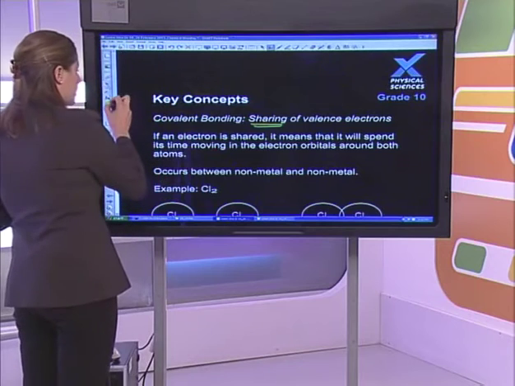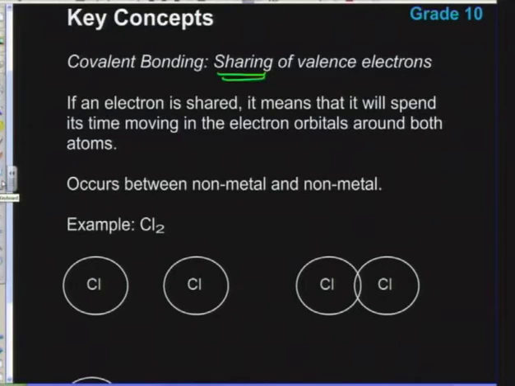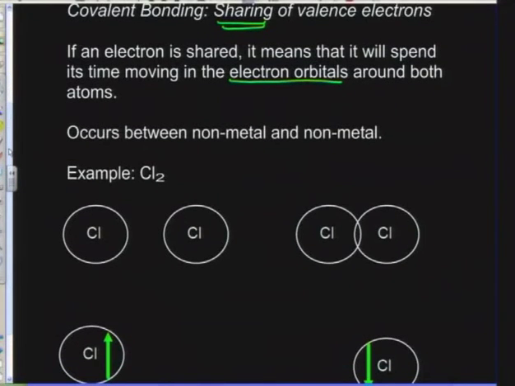If an electron is shared, it means that it will spend time moving in the orbitals between the two atoms. It will spend its time moving in the electron orbitals around both those atoms. And it would occur between a non-metal and another non-metal atom.